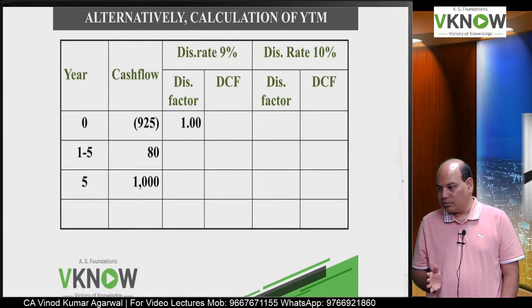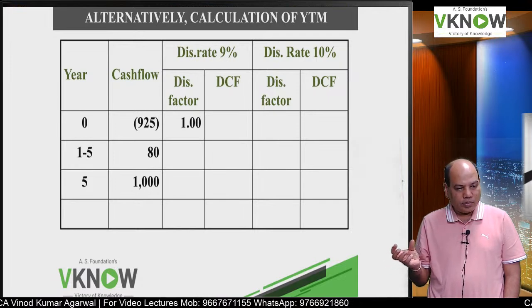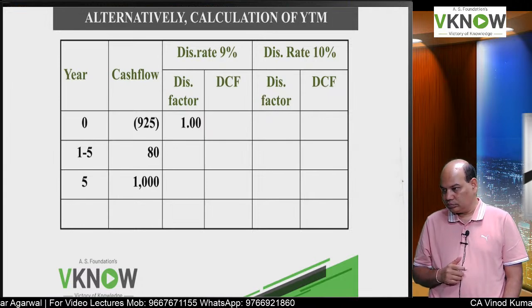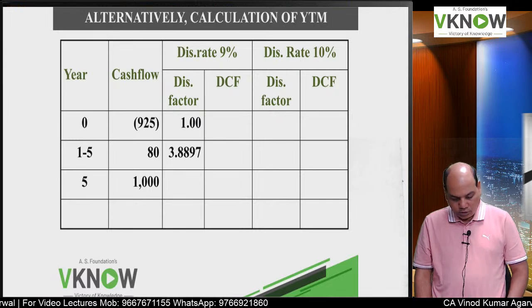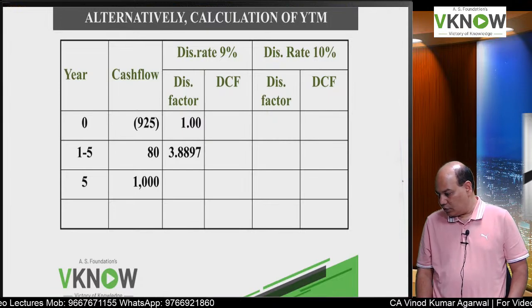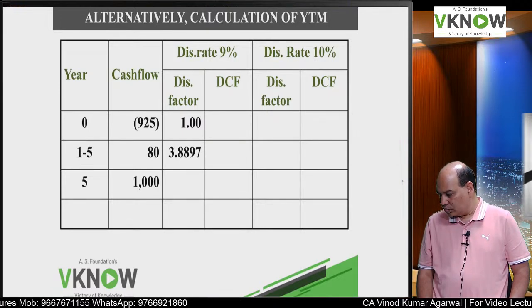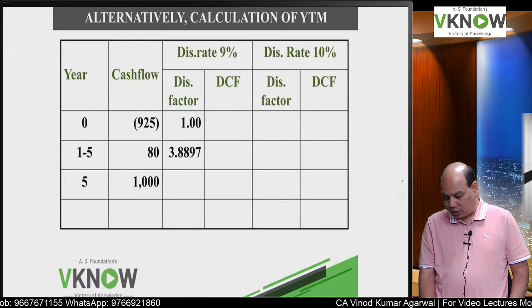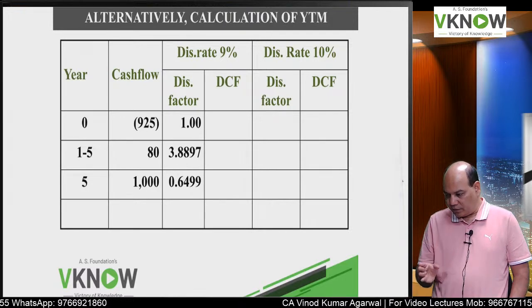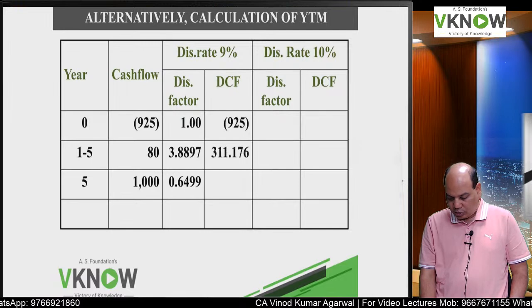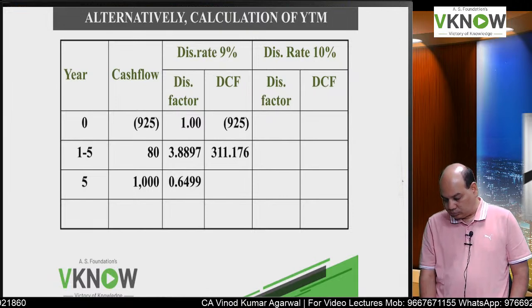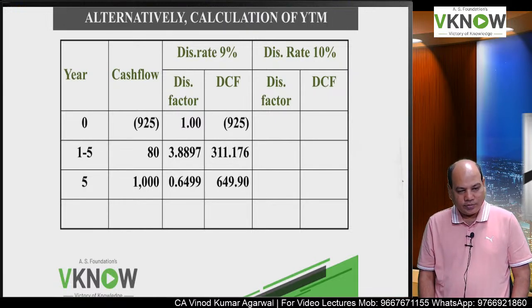Year 0 is always 1. Calculate on your calculator the annuity factor for 5 years at 9%. Is it 3.8897? Very good. Next, for the last 5th year, the factor is 0.6499. Now multiply 925 into 1, same, 80 into 3.8897, which is 311.176, and 649.90.